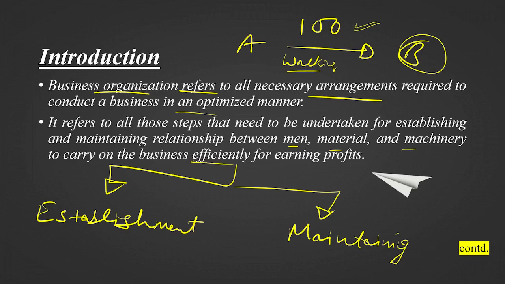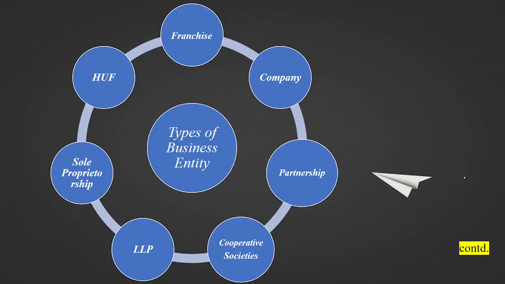End of the day, we should do that. But to decide that, if I want to have a small shop, like a small provision shop, do I need a public limited company? Definitely not. So that is what you should decide.